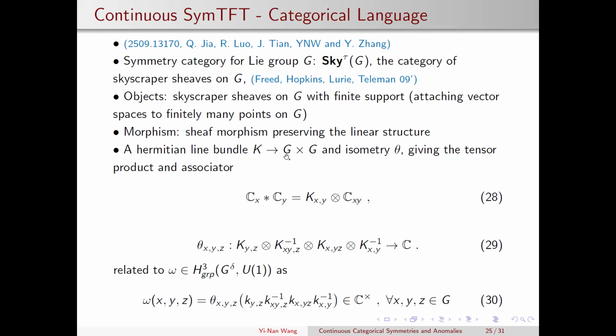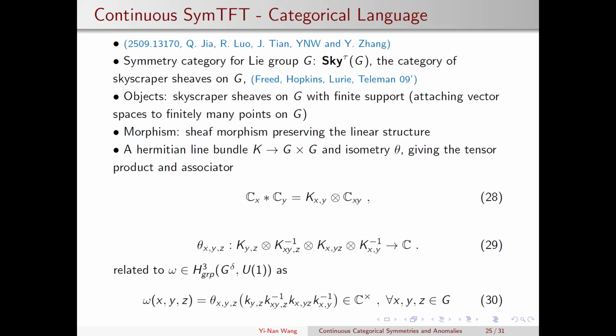So basically you can think that over each point on G times G, you have a C vector space here. And theta is a map from four different vector spaces to C, which basically captures the information about your anomaly, or the third group cohomology. It's similar to your basic intuition: you have two different ways to associate C_x, C_y, and C_z. So you introduce this big K in two different ways, and if there's no anomaly, they should be the same.